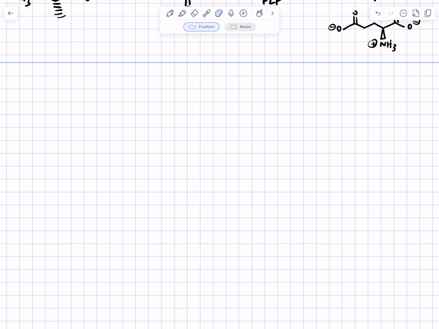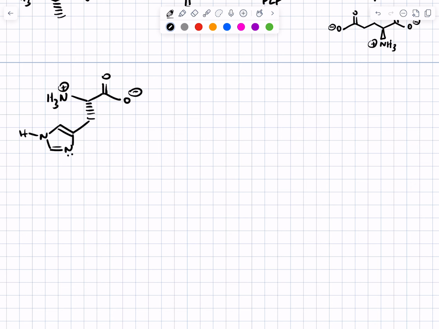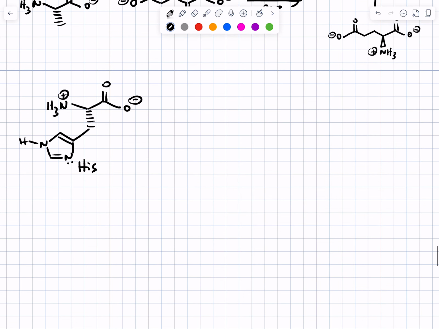So, for example, this is the amino acid histidine. Histidine has this weird 5-membered ring side chain with 2 nitrogens. One of them has a hydrogen, the other has a lone pair. I'll use its 1-letter code.